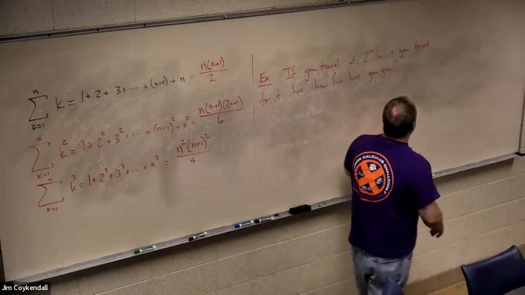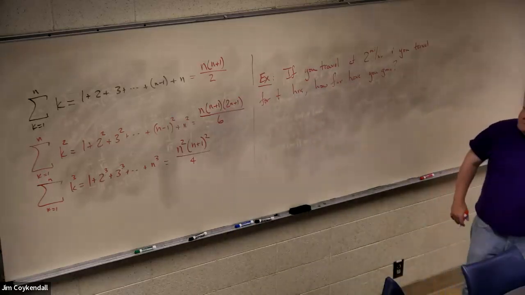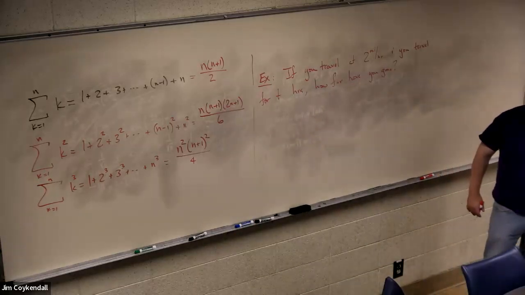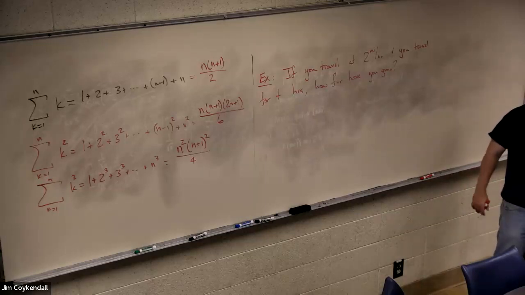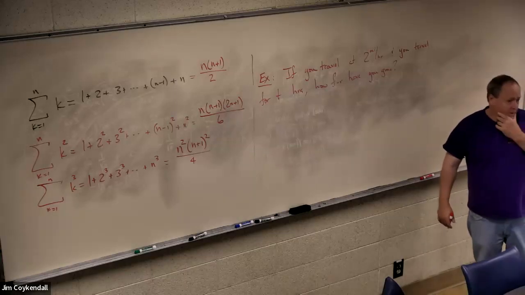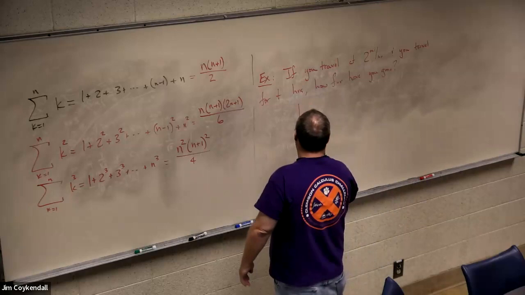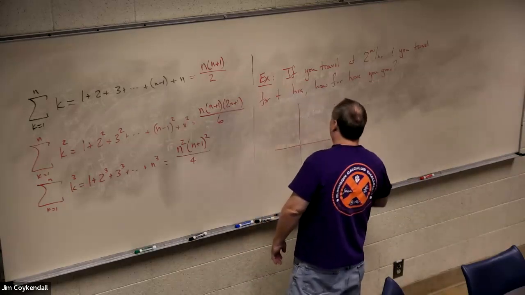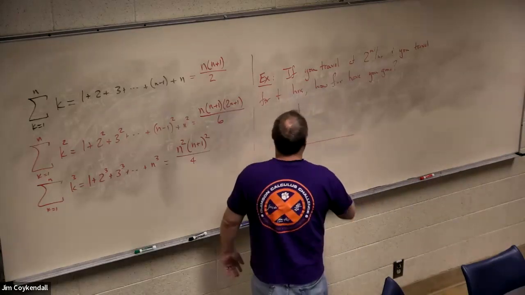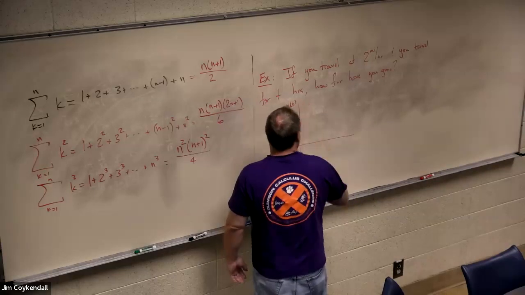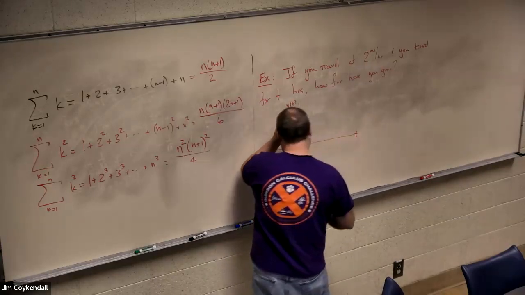So if I travel at 2 miles an hour for T hours, how far do I go? 2 times T miles. I can draw a picture of this. Let's start at time 0.